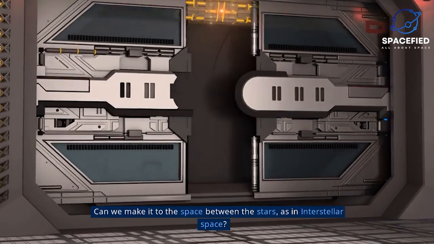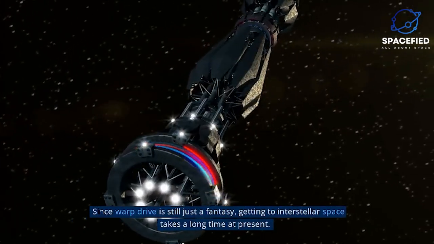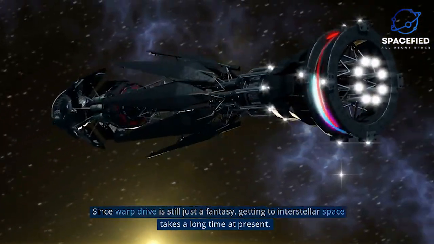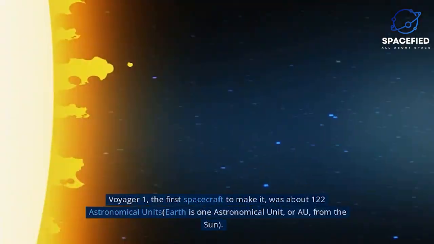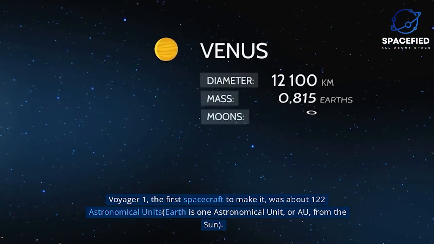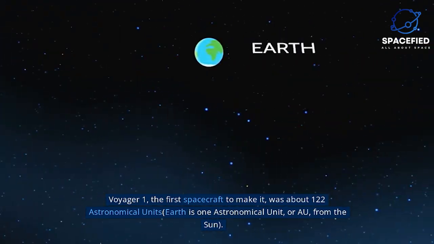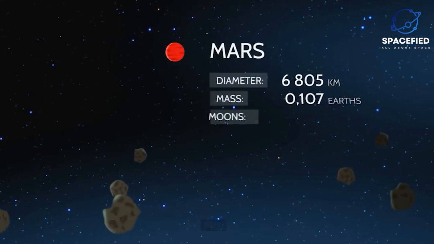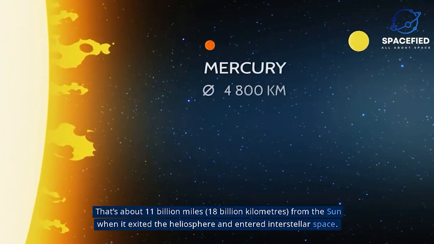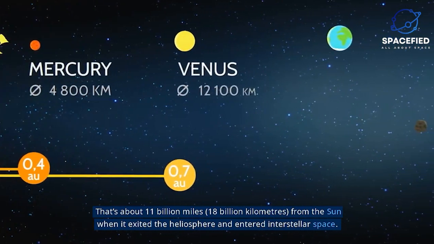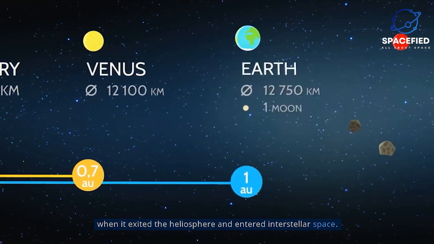Can we make it to the space between the stars, as in interstellar space? Since warp drive is still just a fantasy, getting to interstellar space takes a long time at present. Voyager 1, the first spacecraft to make it, was about 122 astronomical units from the Sun. Earth is 1 astronomical unit, or AU, from the Sun. That's about 11 billion miles, 18 billion kilometers, when it exited the heliosphere and entered interstellar space.